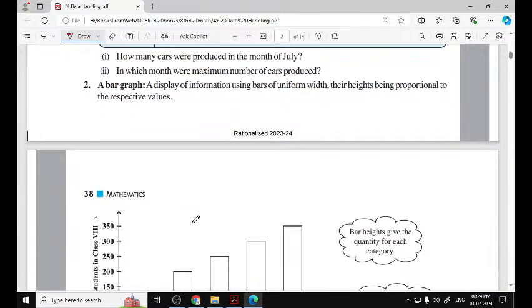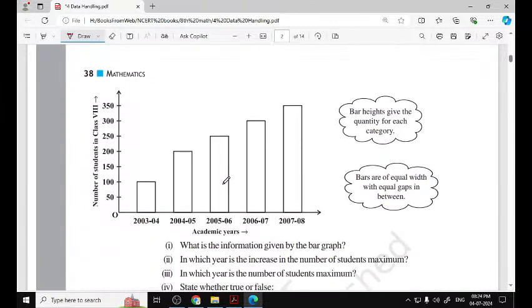Now this is the second type of graph, and that is called a bar graph. A display of information using bars of uniform width, their heights being proportional to the respective values. Bar height gives quantity for each category. What does this graph represent? Number of students in class 8.